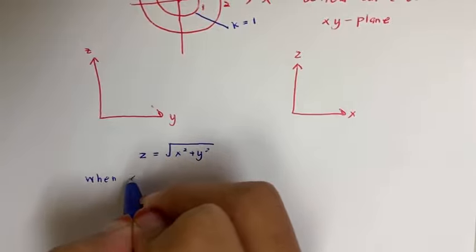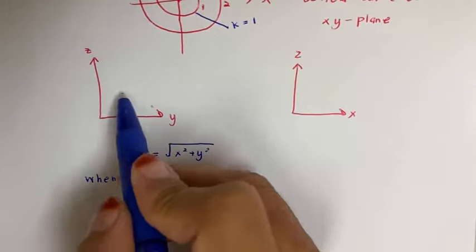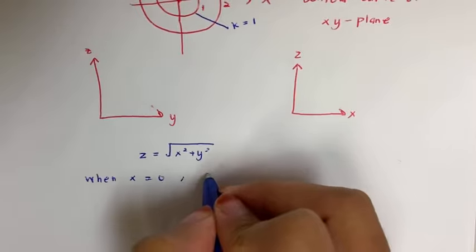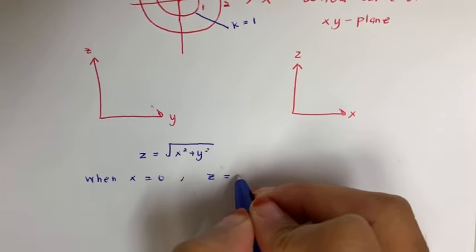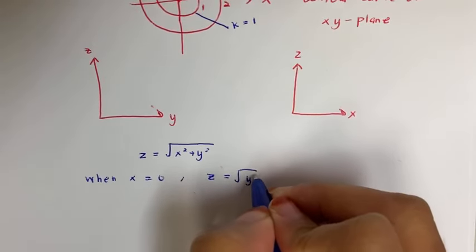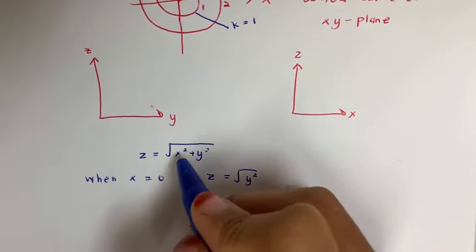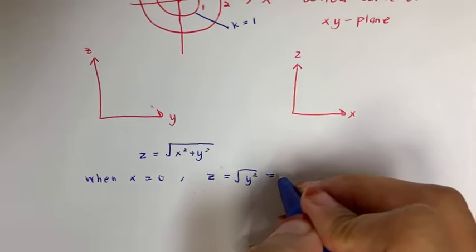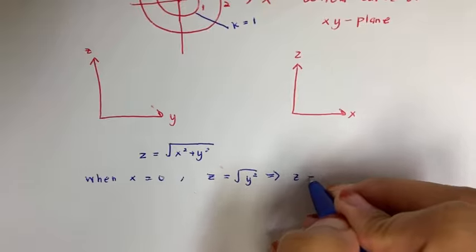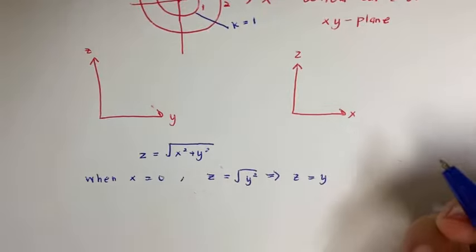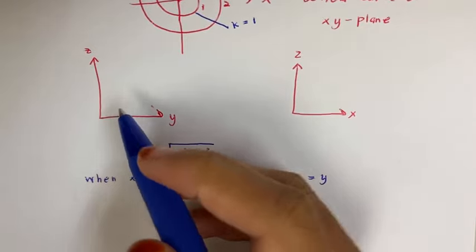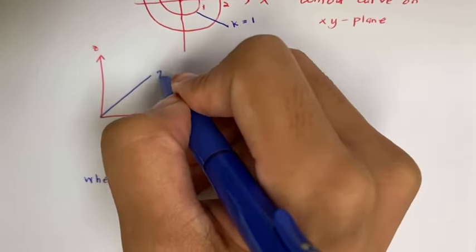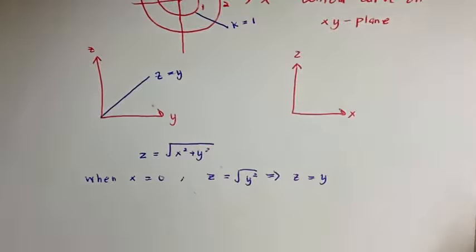Consider when x equal to 0 for this zy plane. So when x equal to 0, z becomes square root of y squared. So square root of y squared is y. So you have z equal to y here. Okay, so the graph for z equal to y is this one.